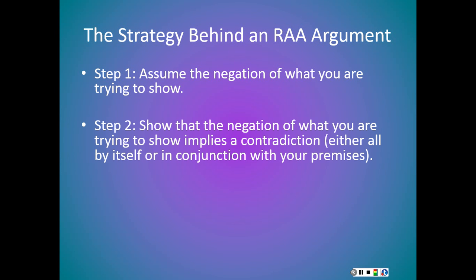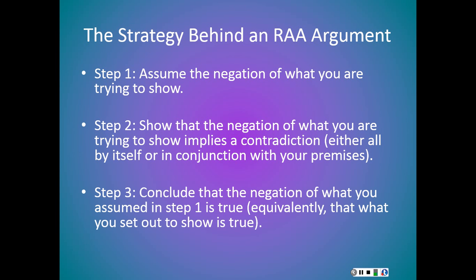After assuming the negation of what you are trying to show, you then show that the negation of what you're trying to show implies a contradiction, either by itself or in conjunction with your premises. Okay, so you've assumed the negation of what you're trying to show. Then you've showed that the negation of what you're trying to show implies a contradiction. Well, since contradictions can't be true, then it must be the case that what you assumed on step 1 isn't true.